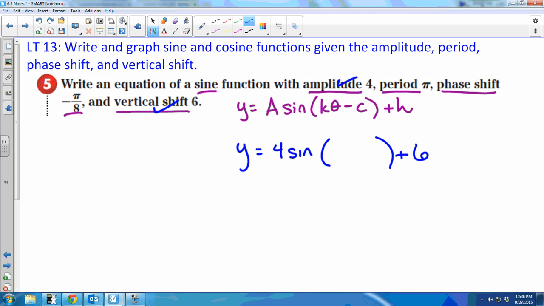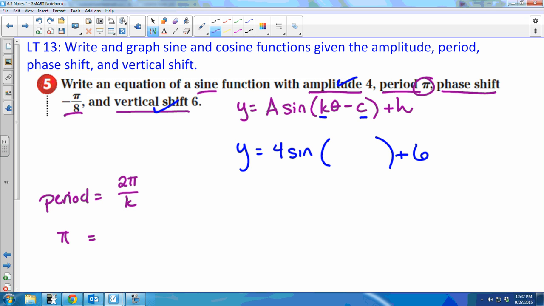Yeah. All right, now the period and the phase shift don't get stuck into the function. Some of you guys did that on the last quiz. You have to find k, you have to find c. K and c are not the period and not the phase shift. So for the period, we know that the period equals 2 pi over k. I know the period is pi.